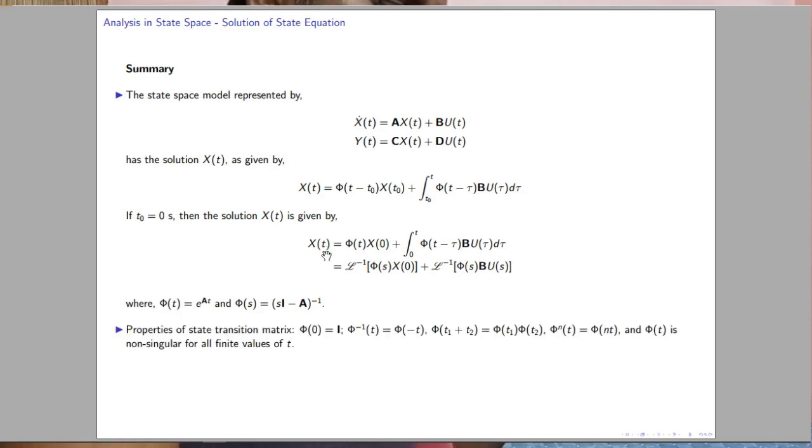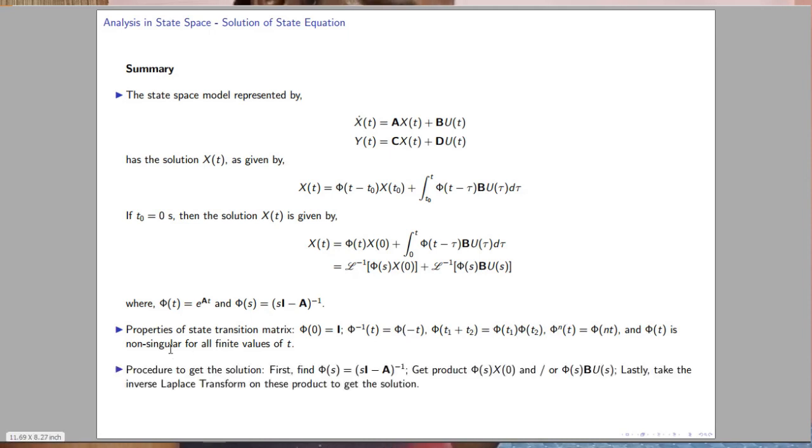Okay, so also we learned about the properties of the state transition matrix. So these are some of the properties that we looked at. Phi of 0 is equal to identity matrix. Inverse of a state transition matrix is phi of minus t. Just replace t by minus t, and other things as given here.